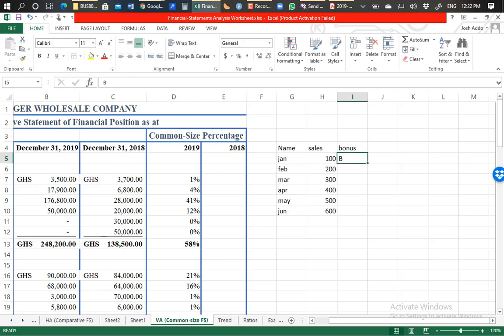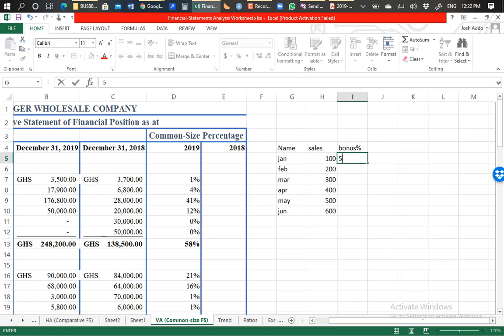All right. So the bonus calculation is some percentage of the sales. You can do this. Let's say bonus percentage. Everybody is paid 5% on his sales.